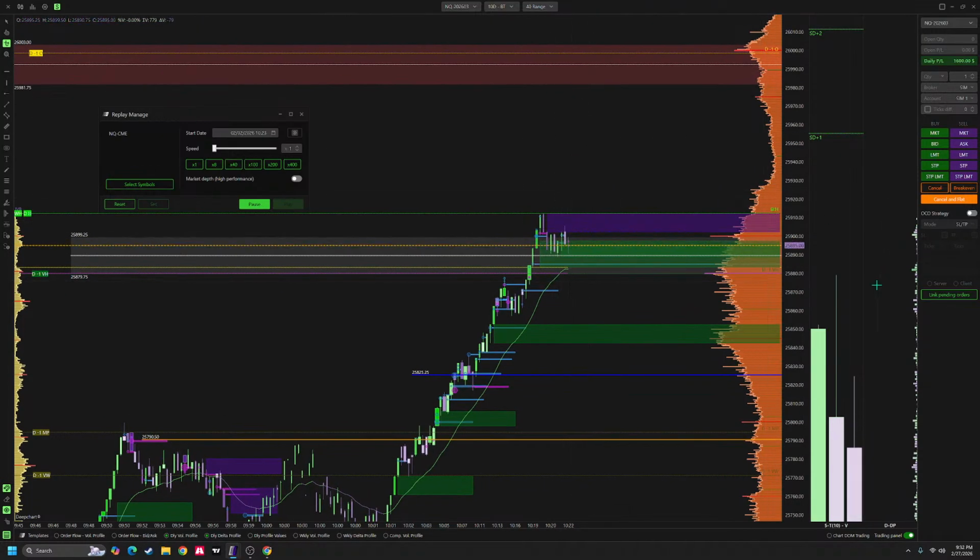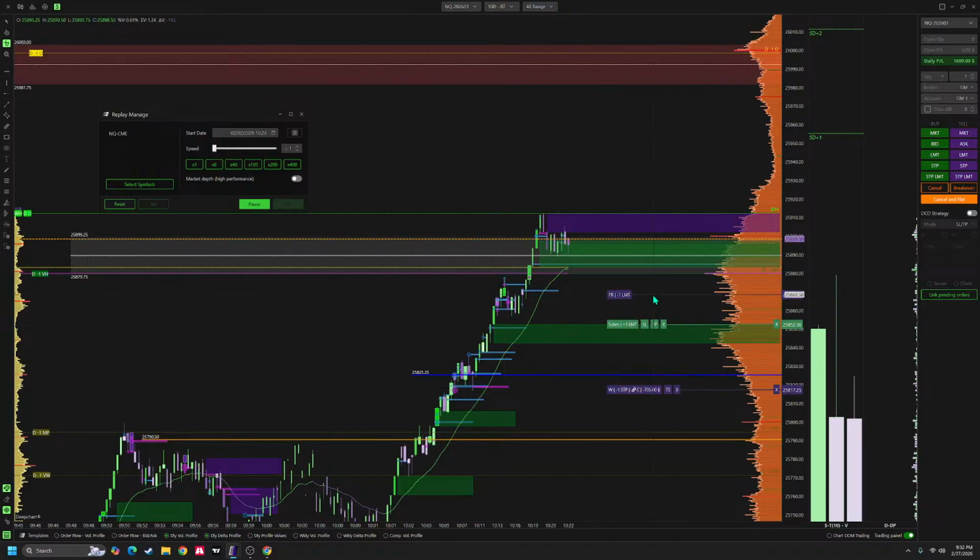If not, if this zone stays active, I would take a long from here on a pullback, stop loss behind the absorption and pressure move. It's a long stop. That's 1,000. We don't want to risk that much. Let's put it behind this effort zone that we put before.